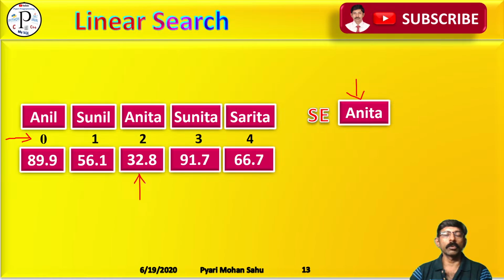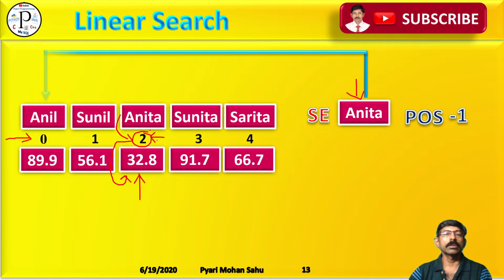Now how the searching process begins? Initially I am taking the position as -1. Why? Because I need to identify this particular position. If I can identify the name in this particular second index position, then obviously in the second index position I am going to get the marks. So that's why my target is this index position.